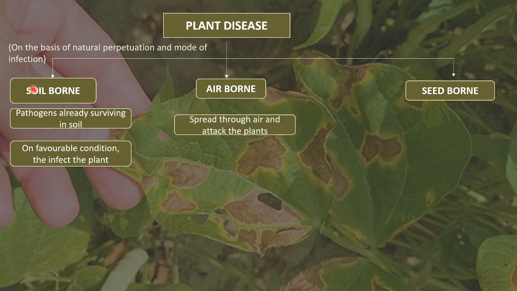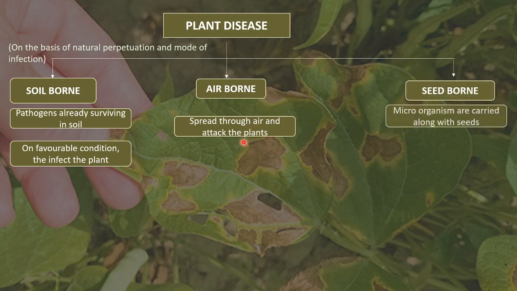Now, what is airborne disease? It spreads through air and attacks the plants. For example, some spores may be present in air, and by air they will settle over the plant, and when they settle over the leaf, they will get inside the plant. So this is airborne disease. Similarly, there is seed-borne disease, where the microorganisms are carried along with seeds.